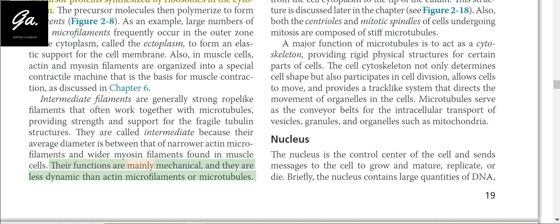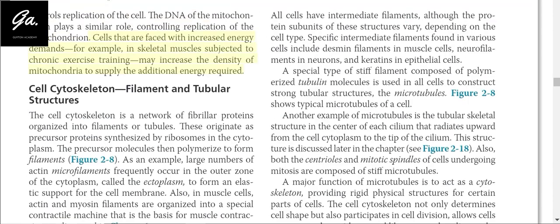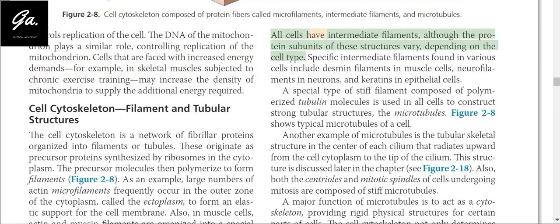Their functions are mainly mechanical, and they are less dynamic than actin microfilaments or microtubules. All cells have intermediate filaments, although the protein subunits of these structures vary, depending on the cell type.